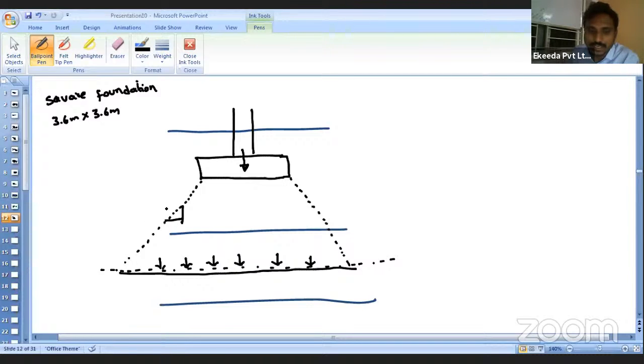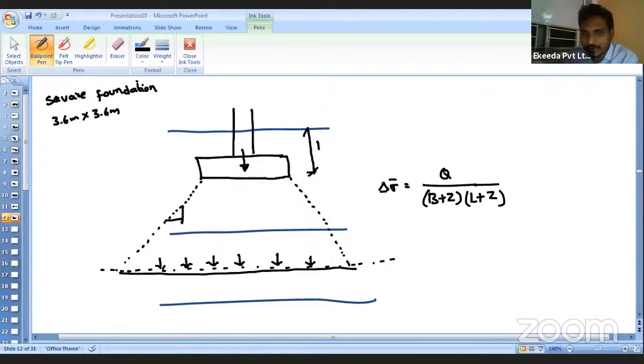If you are considering a trapezoidal variation, then it is observed that the change in effective stress can be represented using Q divided by B plus Z into L plus Z. Z is nothing but the total depth of the soil from the bottom of the foundation to wherever you are finding the stress. That means from here to here.